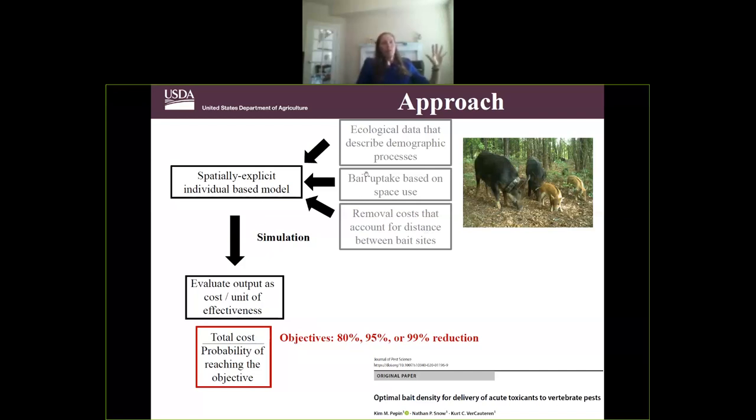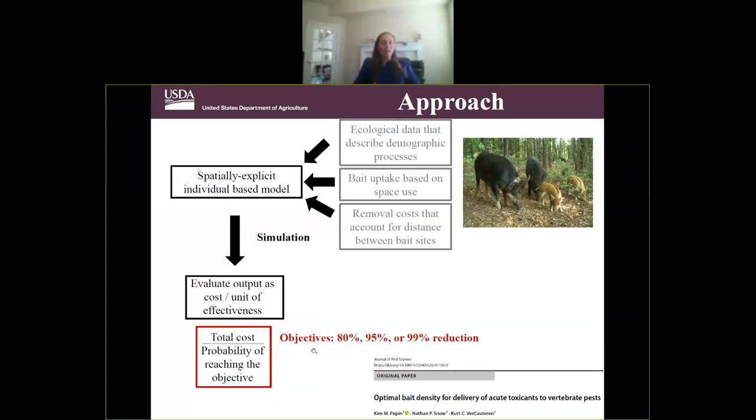We developed this model, ran simulations, and then evaluated the output as cost per unit of effectiveness. Our metric for determining cost effectiveness was essentially total cost over the probability of reaching the management objective. All of the results are summarized in this paper listed down here.